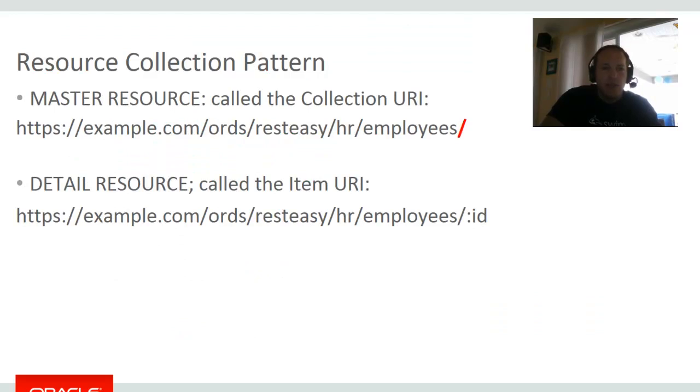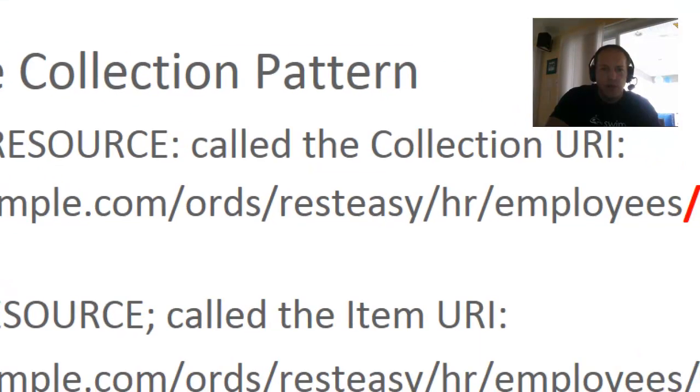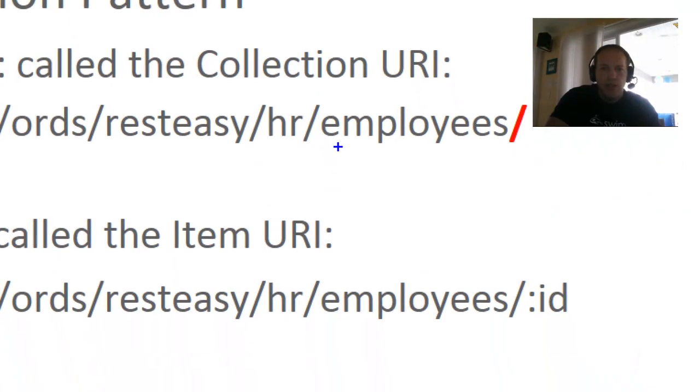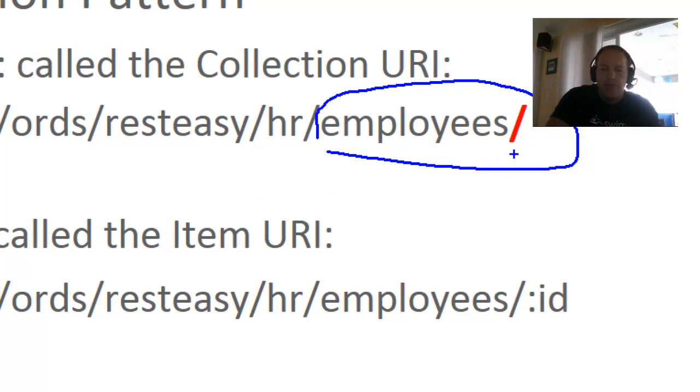So we have this resource collection pattern, and it's very simple. We have the master resource. In this case, we've got employees. And that trailing slash is important. Think of that as a directory listing. So you've got employees slash, that represents all of the employees.